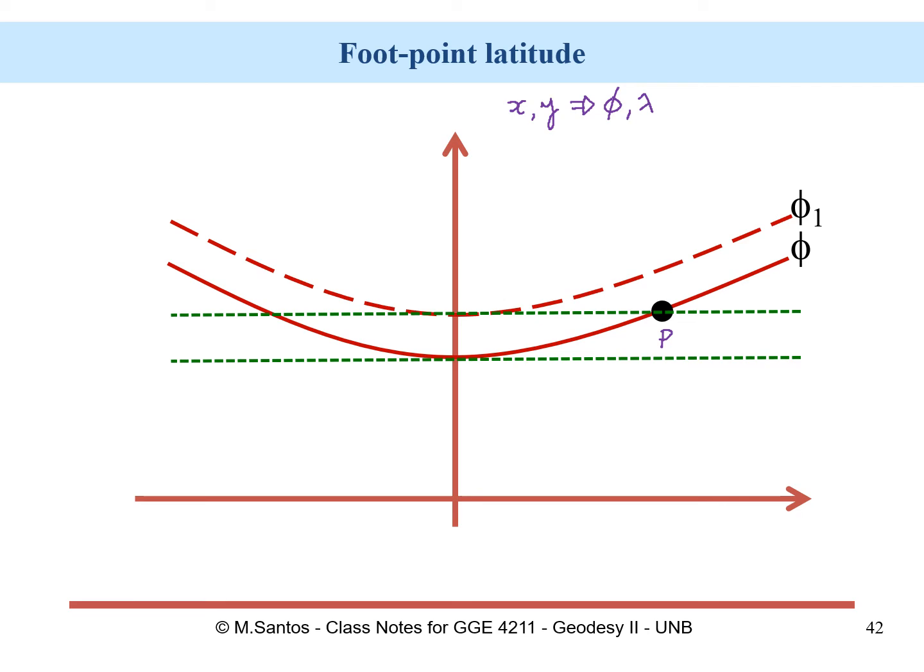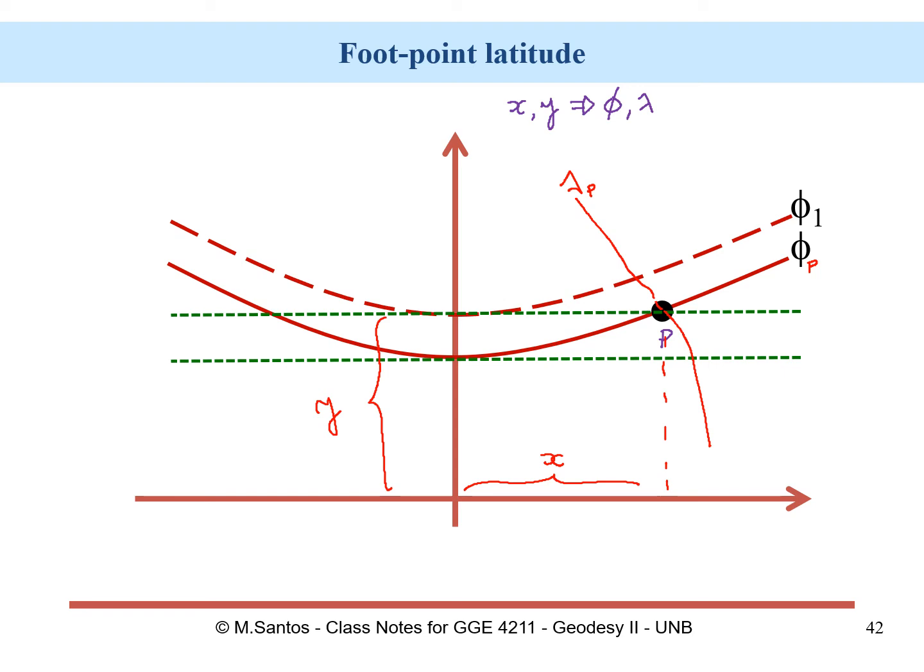We know this is y. We know this is x, right? We want phi, lambda. So here is the longitude, okay? Lambda of the point P, latitude of point P.